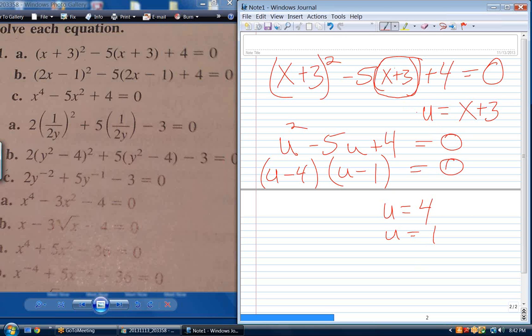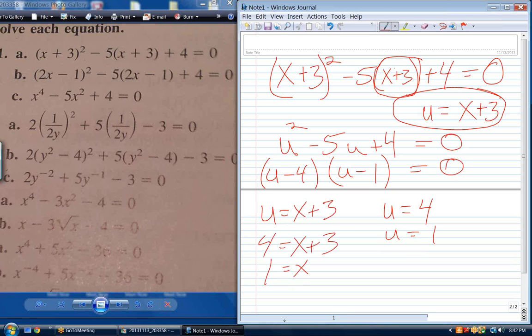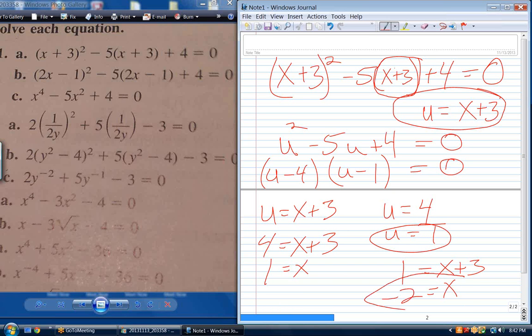In other words, now go back up to this equation. U equals x plus 3. And solve for x. Do 4 equals x plus 3. Move the 3 over, and then you get 1 equals x. And then the other solution, let's do the same thing. We get 1 equals x plus 3. Negative 2 equals x. That's how you do these.